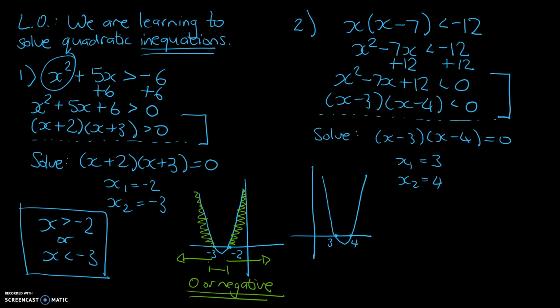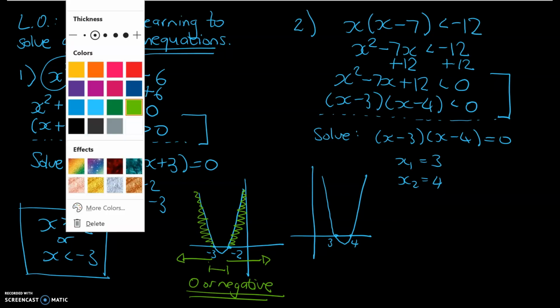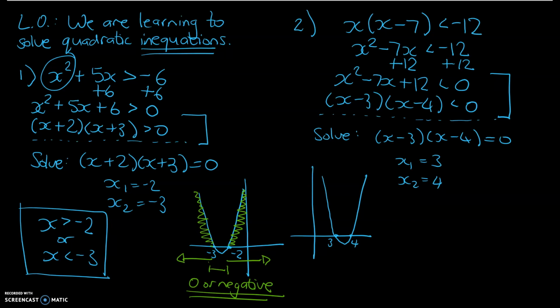And we need to go back to our final steps of the inequation. We need to find out for which values of x will the graph be below 0 or less than 0. So let's change pen colors. We're in green again. So another way to think of that, because we're looking for less than 0, for which values of the graph are below the x-axis that I've bolded in green.